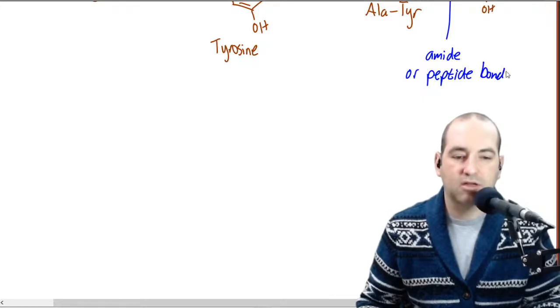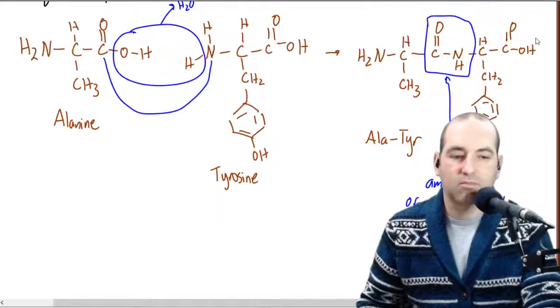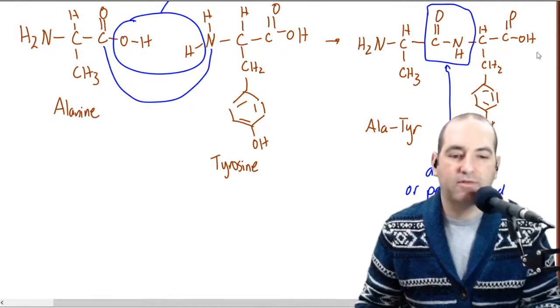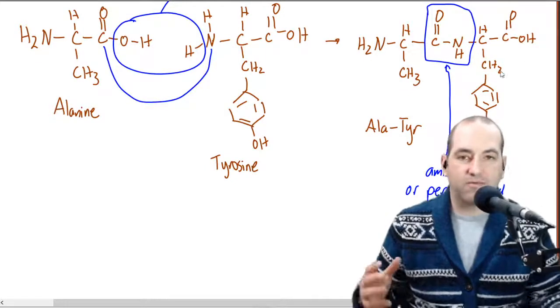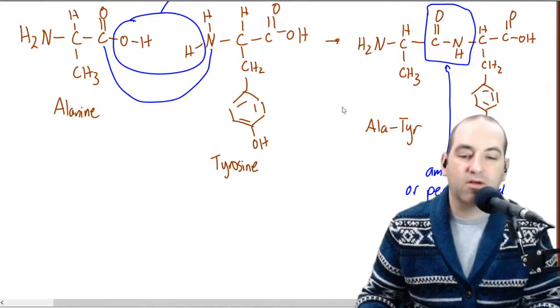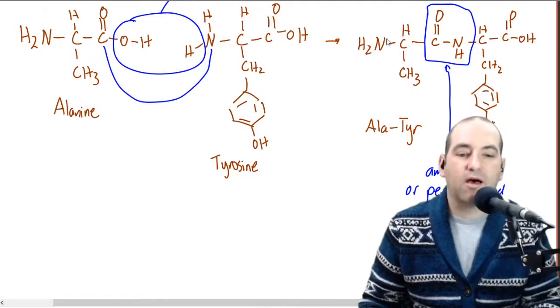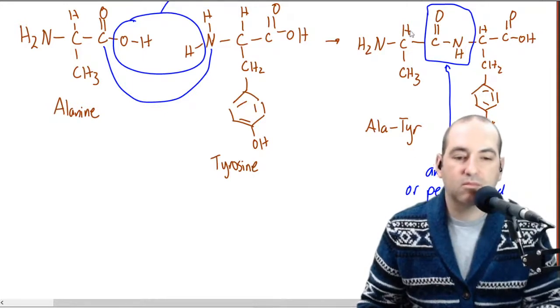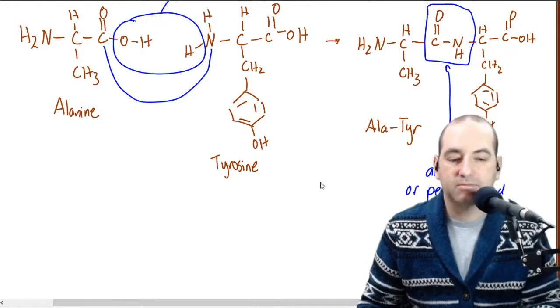That's how those things are linked. And because the two ends over here on the left and over here on the right have the same functional groups as any one of the amino acids, then we can link more and more. We can keep linking off from the left, and we can keep linking off from the right.